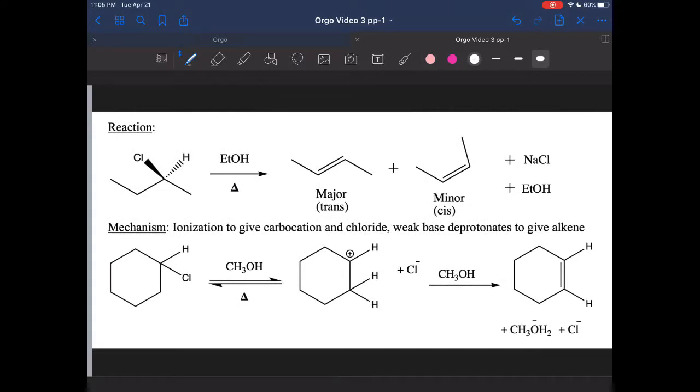In this example, we can see our first step where the ionization to give the carbocation and chloride and the weak base deprotonates to give alkenes.